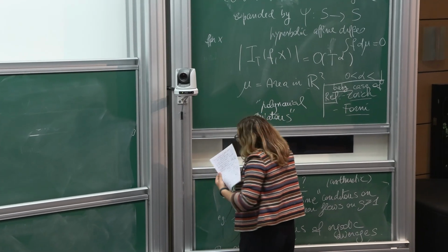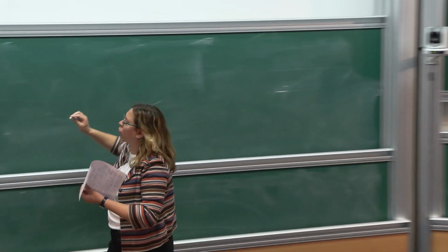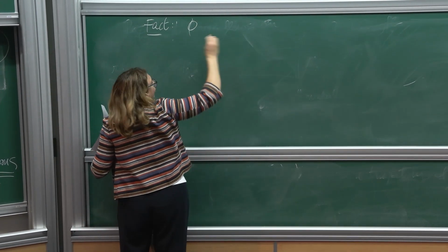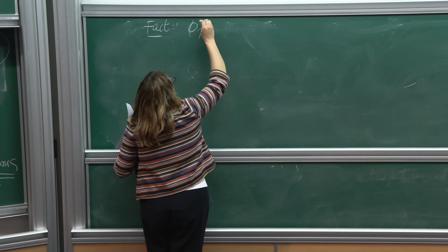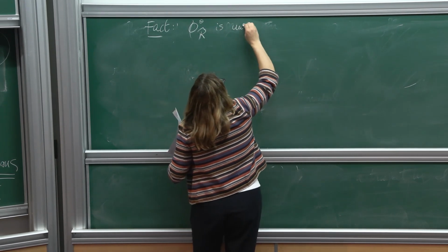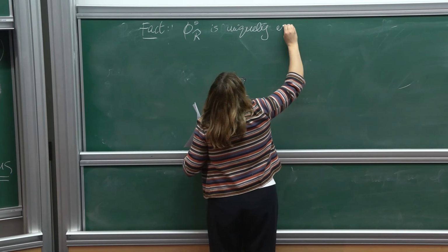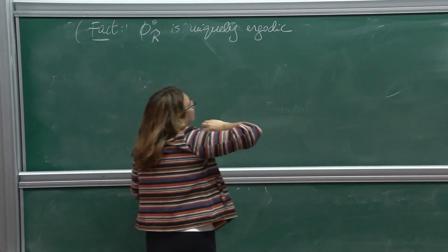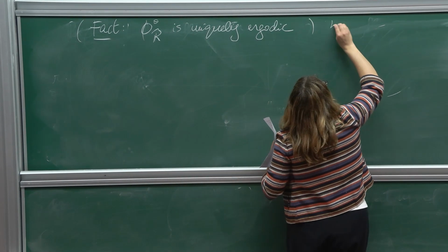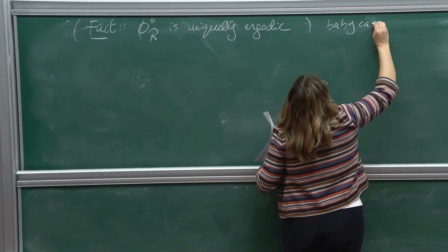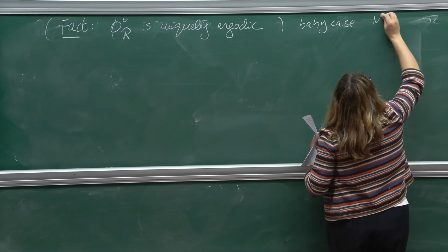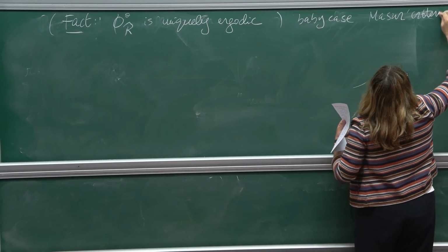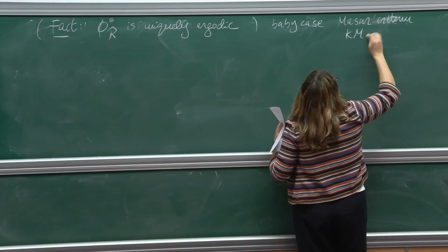You can actually show, and this I don't want to show, that phi r in this context is uniquely ergodic. It's a baby case of a much more general result, Mazur's criterion or the Kerckhoff-Mazur-Smiley theorem.